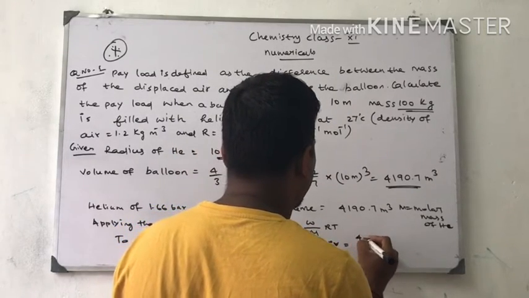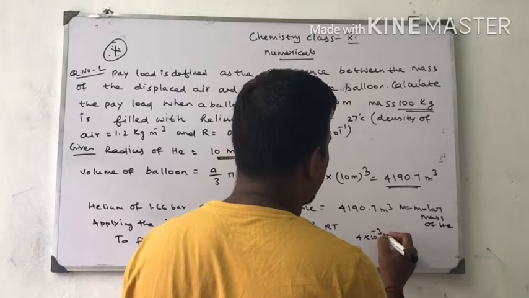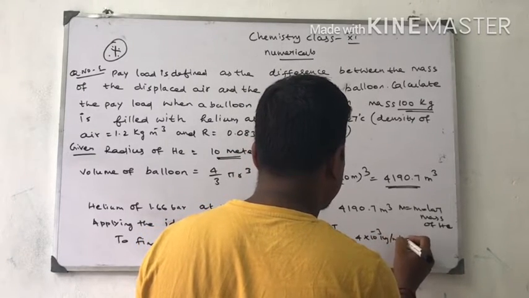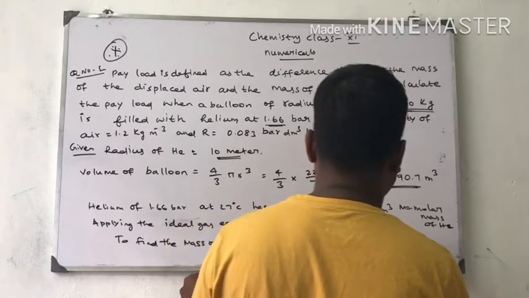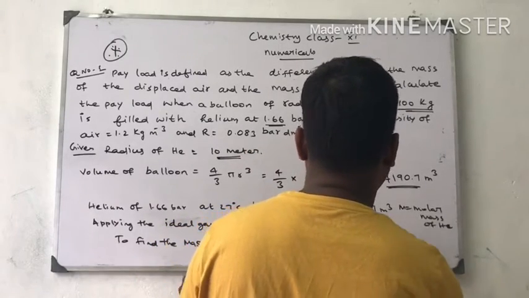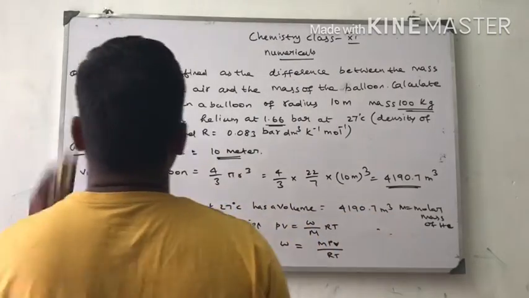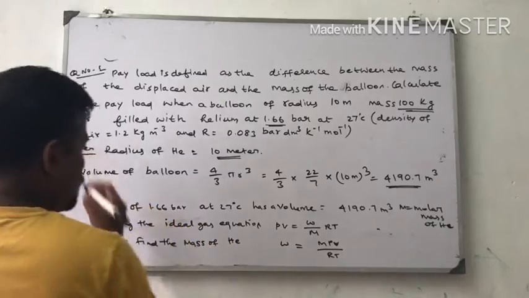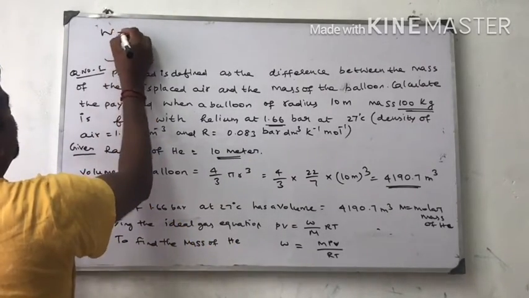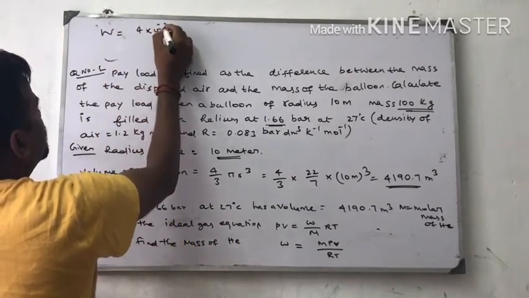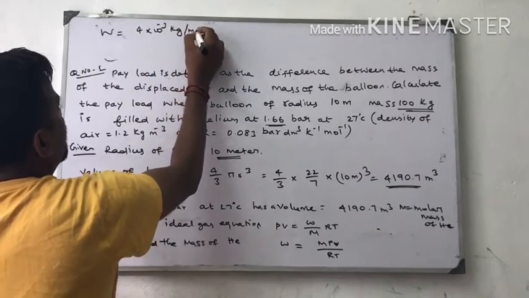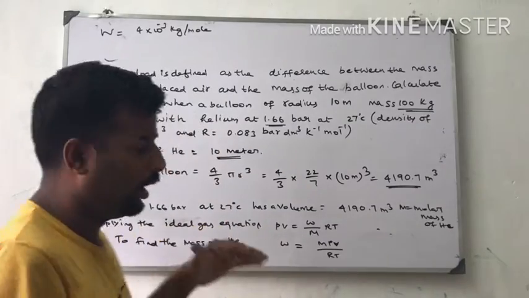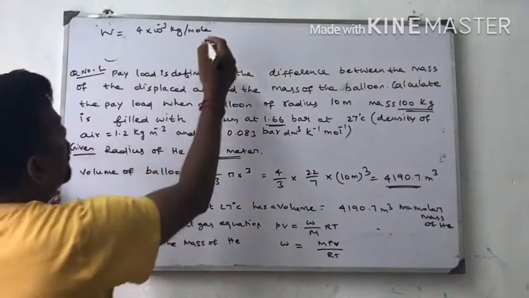Molar mass of helium is 4 into 10 to the power minus 3 kilogram per mole. Actually, the molar mass of helium is 4 gram per mole; for calculation purposes, we convert into kilogram.